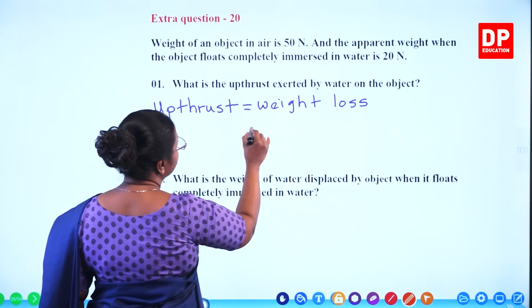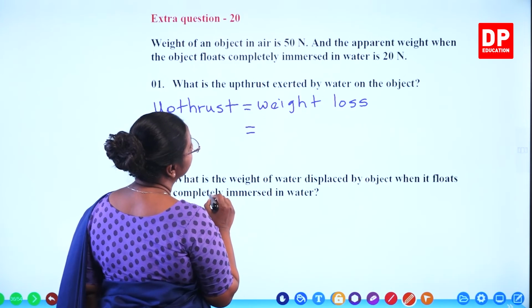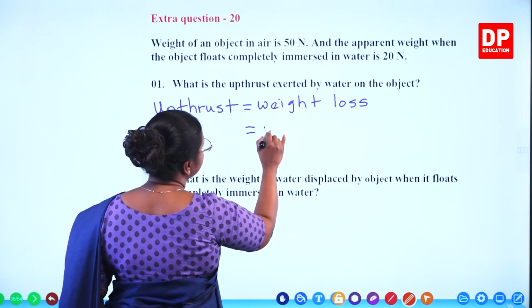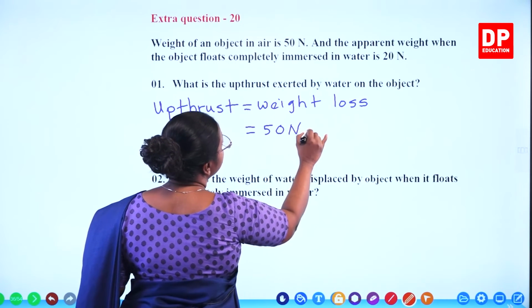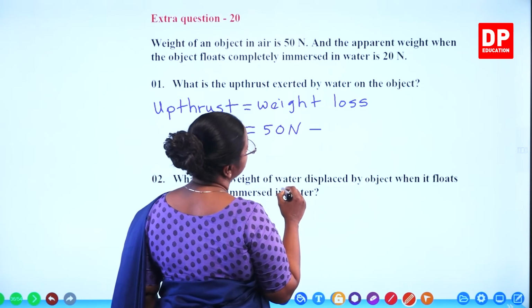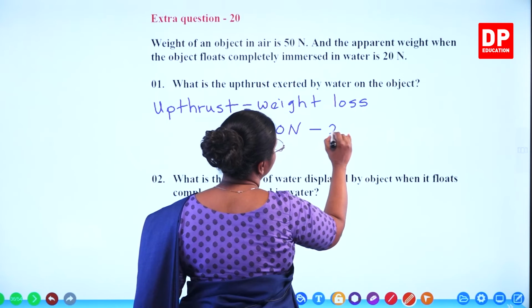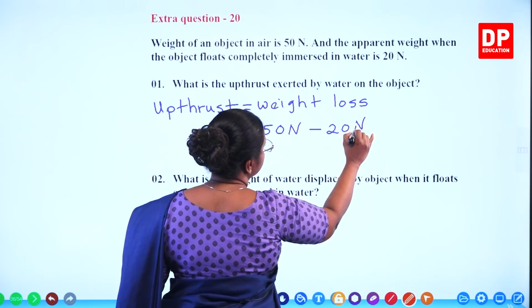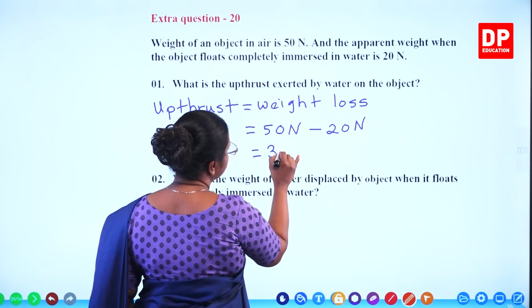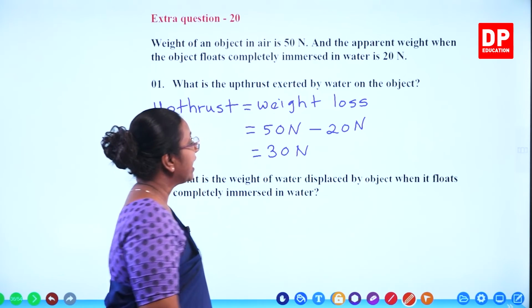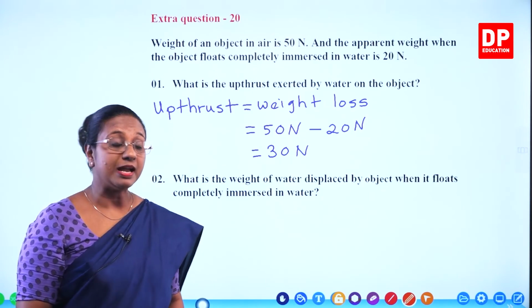So here the upthrust is equal to weight loss. The weight of object in air is 50 Newton minus the weight of object when it is floating in water, that is apparent weight 20 Newton. So the difference is going to be 30 Newton. So that is the upthrust exerted by water.